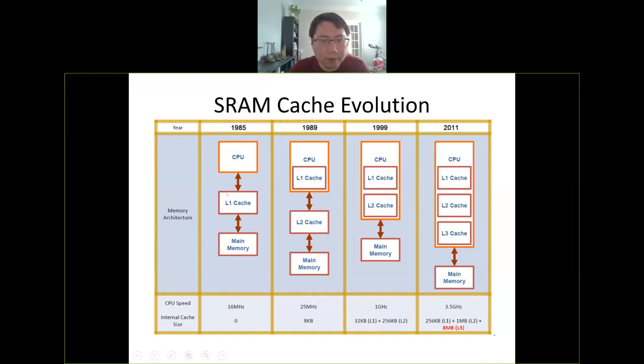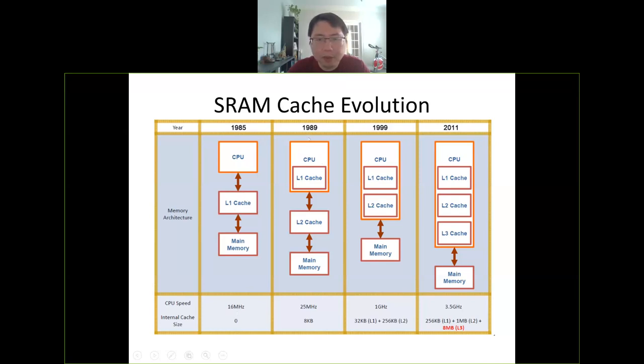Off-chip means it is a separate chip from the processor, where in the processor you will have your multipliers, adders, ALU units, and so on for the logic control and computation. But the computation needs to fetch the data from the cache, and at that time, the cache is another separate chip. And this is in 1985, and the clock frequency is only like 16 megahertz.